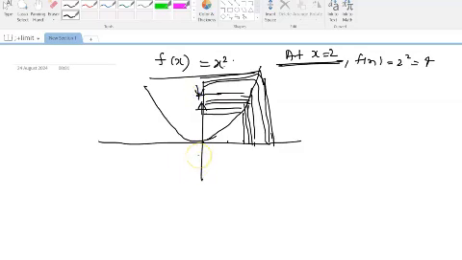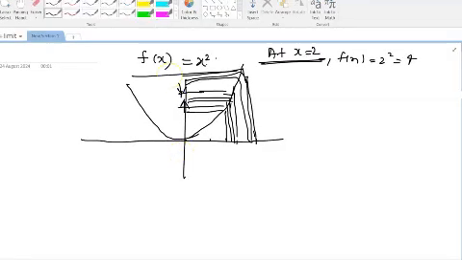So from both sides, from left side of 2 and from the right side of 2, the function is moving to 4.